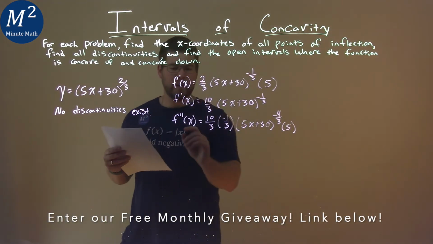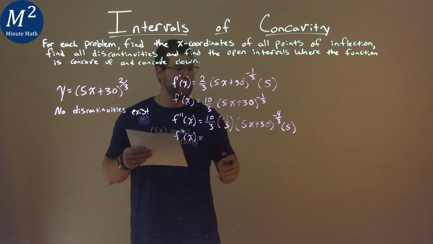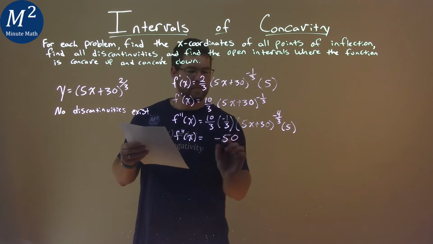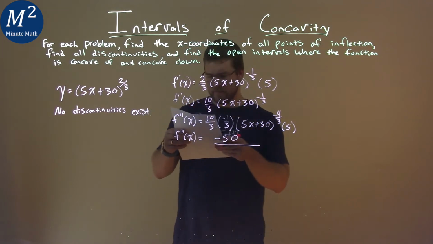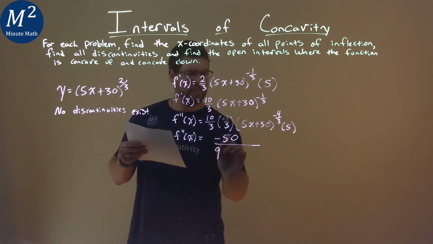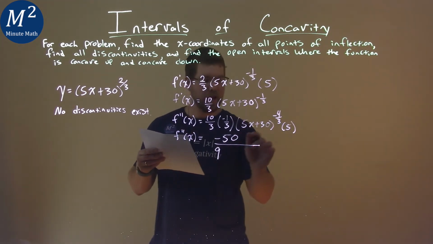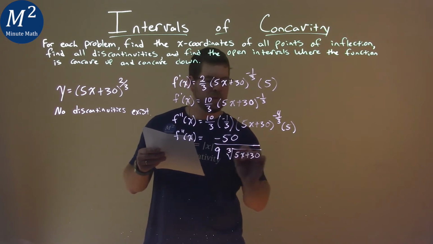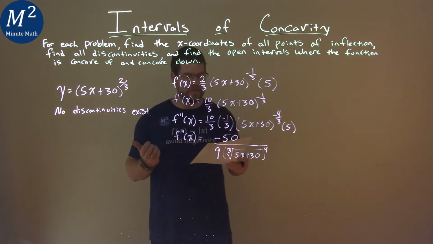Now we can simplify this whole thing, f double prime of x. 5 times 10 is 50, but we have a negative 1 up top as well, so we have a negative 50 up top, over 3 times 3, which is 9, in the denominator. Then we're bringing this 5x plus 30 down to the denominator, and it's positive, so it's going to be the third root of 5x plus 30, all to the 4th power. Okay, we got our second derivative there.